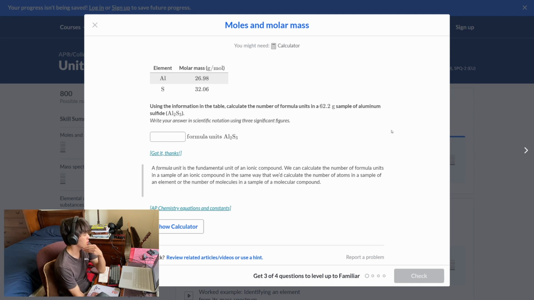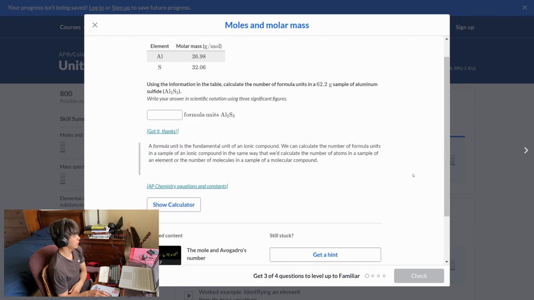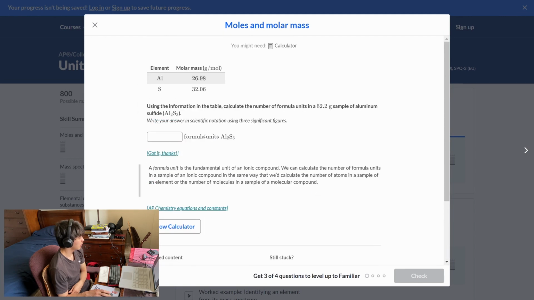Okay. And the number of... let's watch a related article. Wait, so what do we have? We have the molar mass.